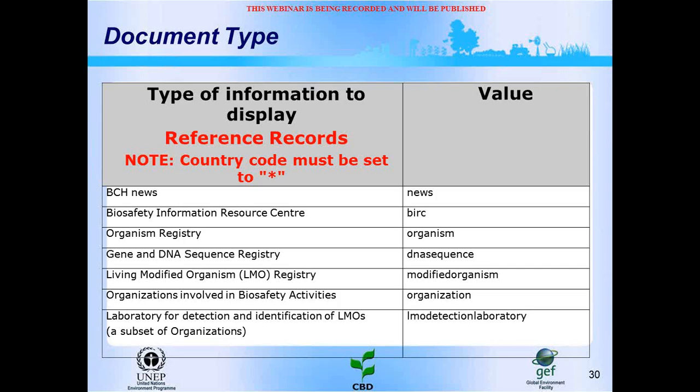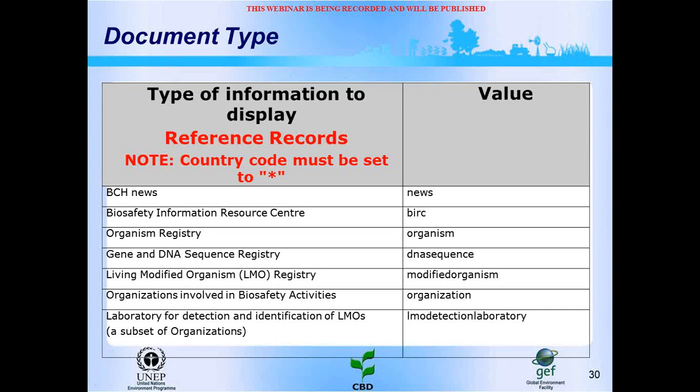We can retrieve publications from the Biosafety Information Resource Center. We can search and display elements in the organism, gene and DNA or LMO registries. We have also organizations involved in biosafety activities, and also the list of laboratories for detection and identification of LMOs.